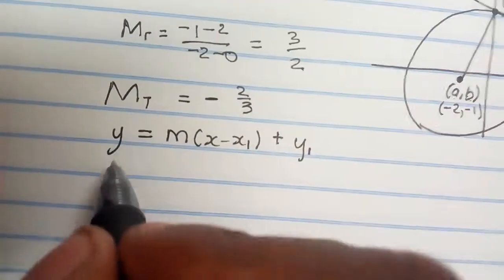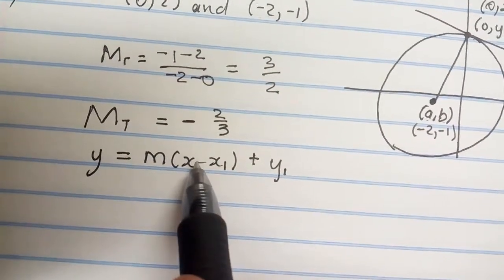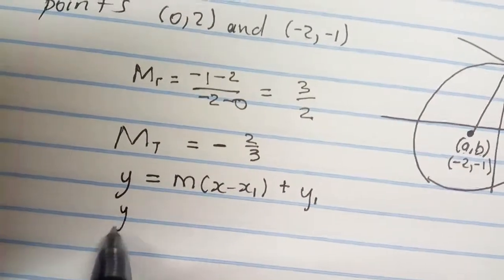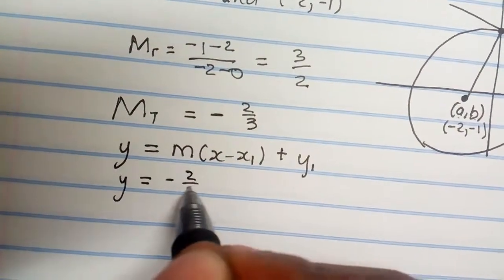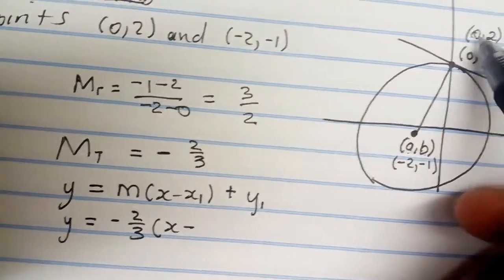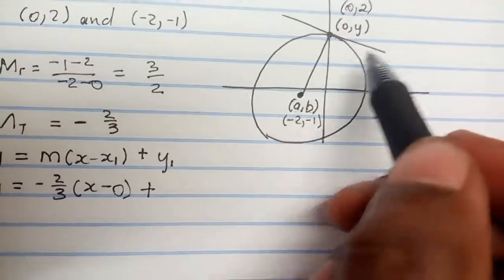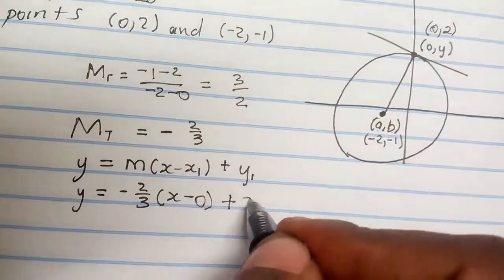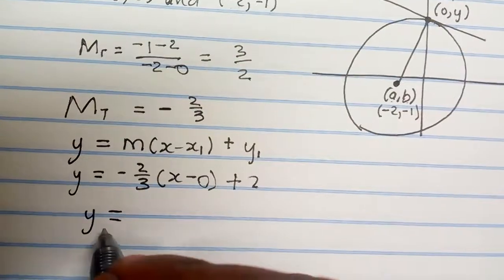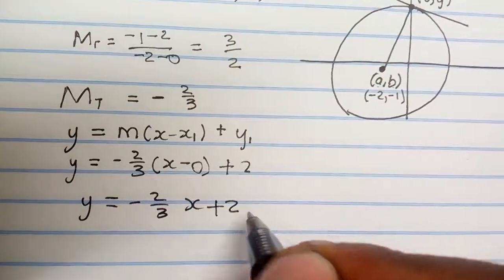So it's y = what is the gradient? It's -2/3 times (x - 0), the value of x in this case, and then plus the value of y, it's 2. Then the equation of the tangent line becomes y = -2/3 x + 2.